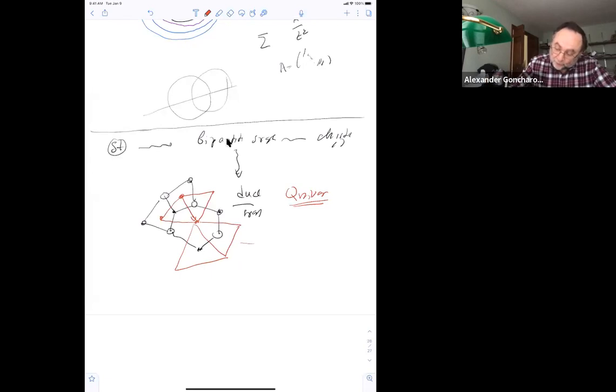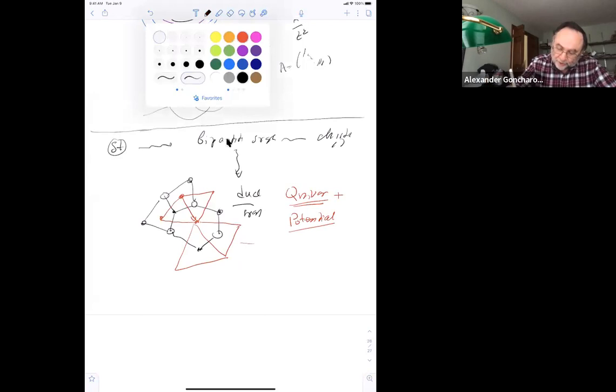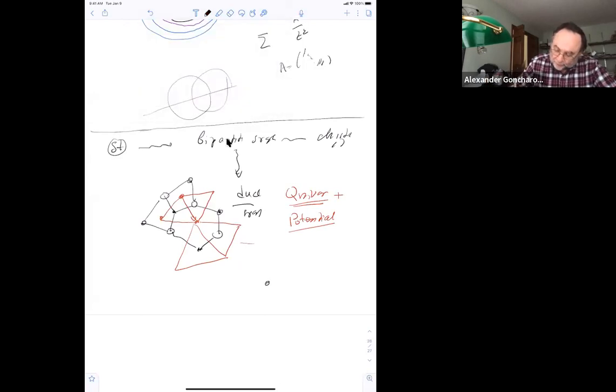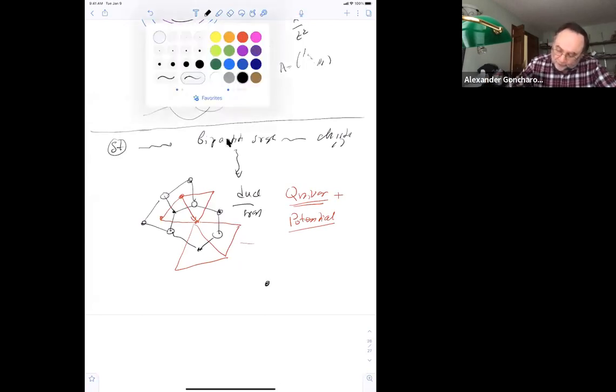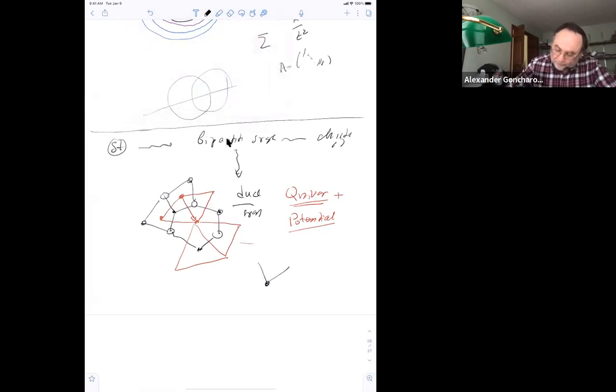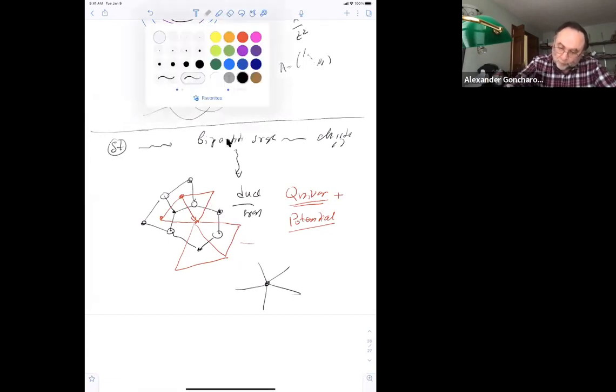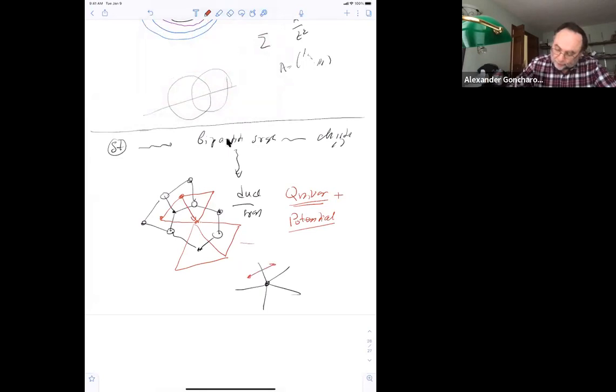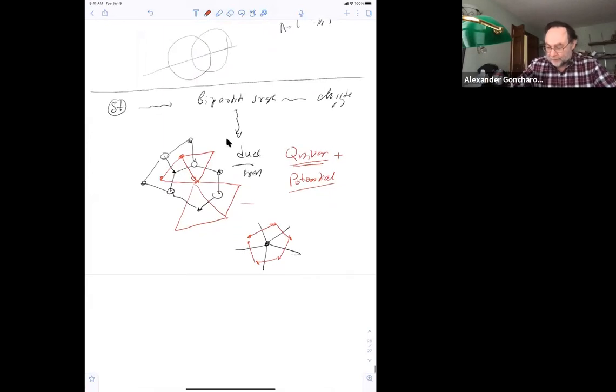But you also have not only a quiver, you also have a potential. What is a potential? A potential is any cyclic word on this quiver, by definition. But in this case, whenever you have any black vertex, you have a loop in your quiver which is going around this vertex, clockwise.